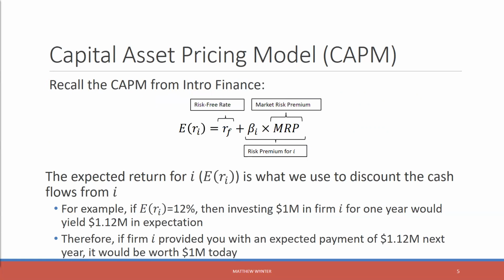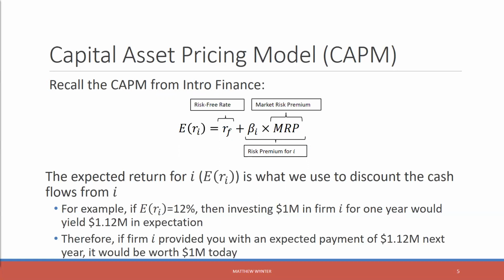So our CAPM has basically three components. We've got our risk-free rate, we've got our beta, and we've got our market risk premium. And the way to think about the expected return for the security, for the firm, for anything, is that it does a pretty good job of telling us what we should expect if we were to hold the security.